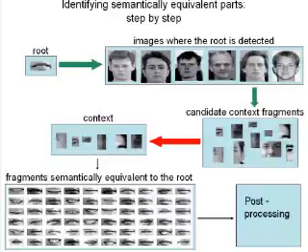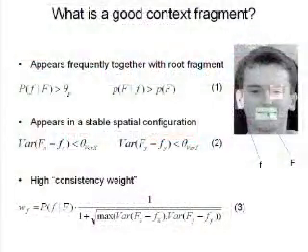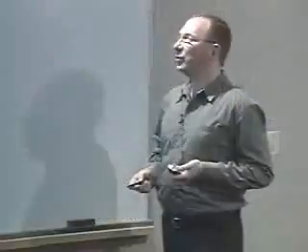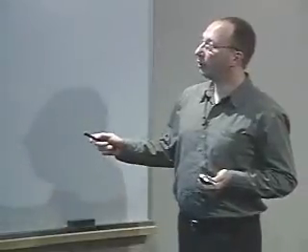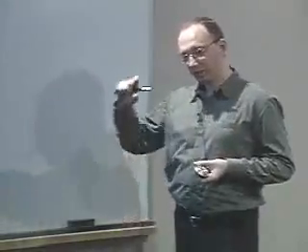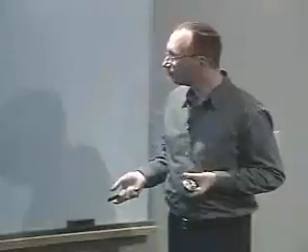So the first question is, how do we find good context fragments? What is a good context fragment? We pose two criteria. First of all, it should co-occur often with the root fragment. And the second criterion is that it should not only co-occur, but co-occur in a stable geometric relation, so the variance of coordinate differences should be small.